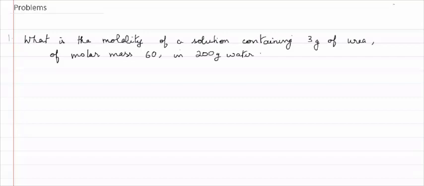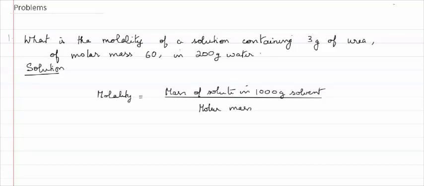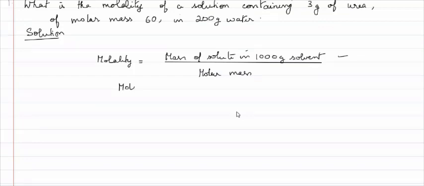We will see some problems. What is the molality of a solution containing 3 gram of urea of molar mass 60 in 200 gram water? Molality is equal to mass of solute in 1000 gram of solvent divided by molar mass. Here we will first find out the numerator part. Molar mass is equal to 60 grams per mole.